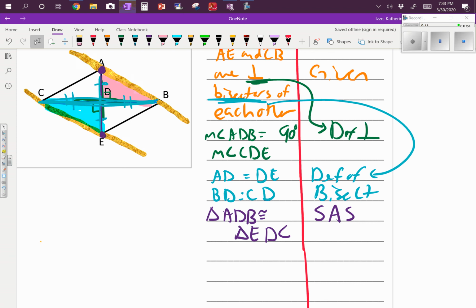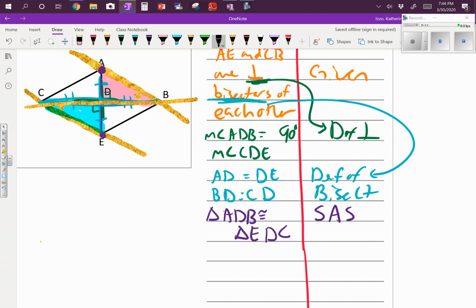That means all of their sides and all of their angles are congruent. So I want to prove this angle and this angle are congruent. That means my transversal is going to be right there. So I've now gotten my side angle side, and I've proven the pink and the blue triangles are congruent.